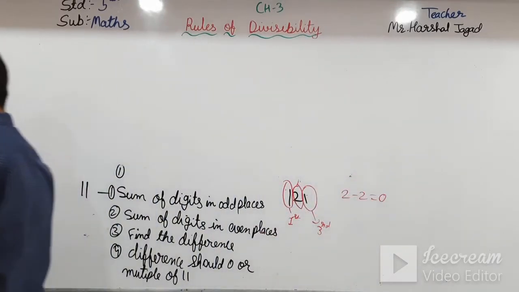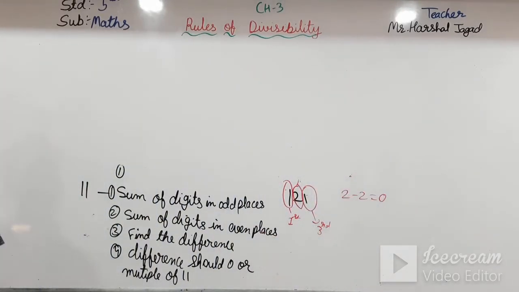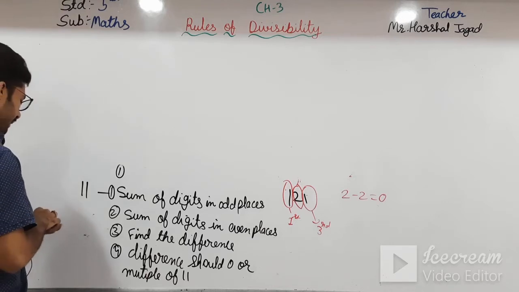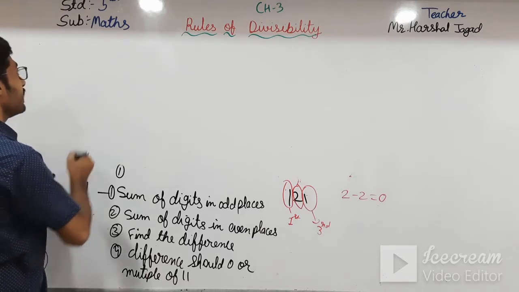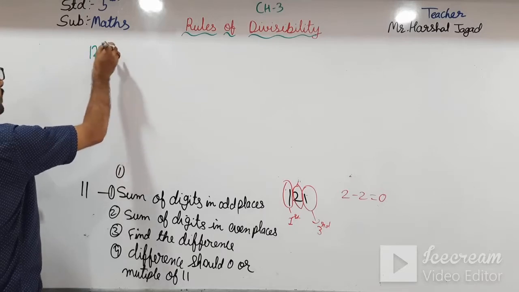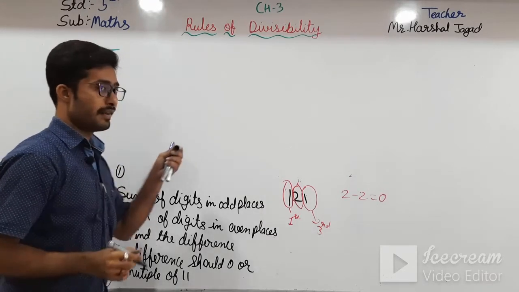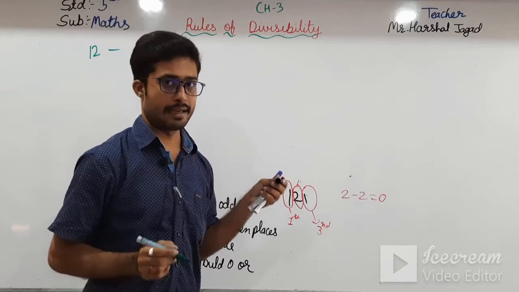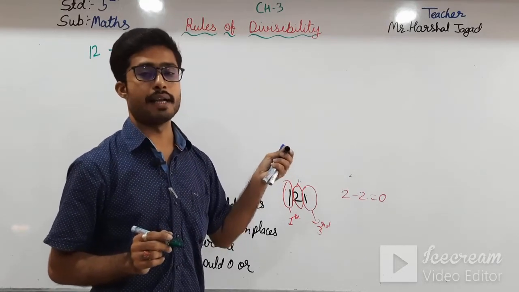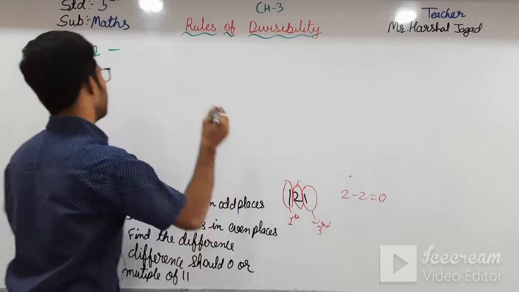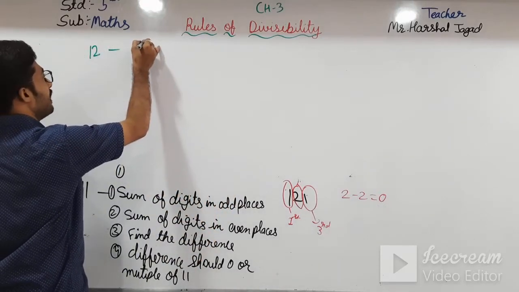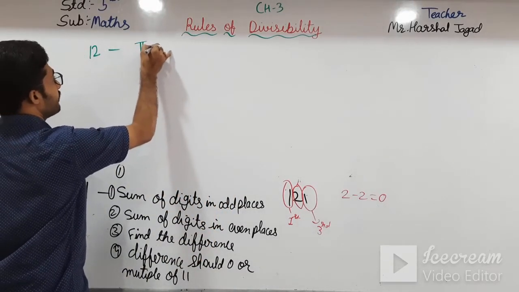For the divisibility test of 12, if a number is given, then we have to check whether it is divisible by 12 or not.